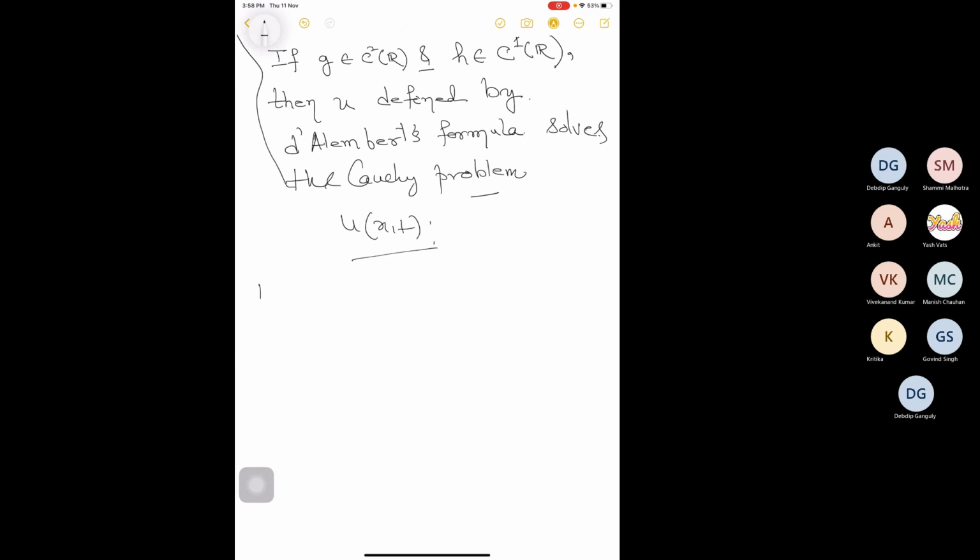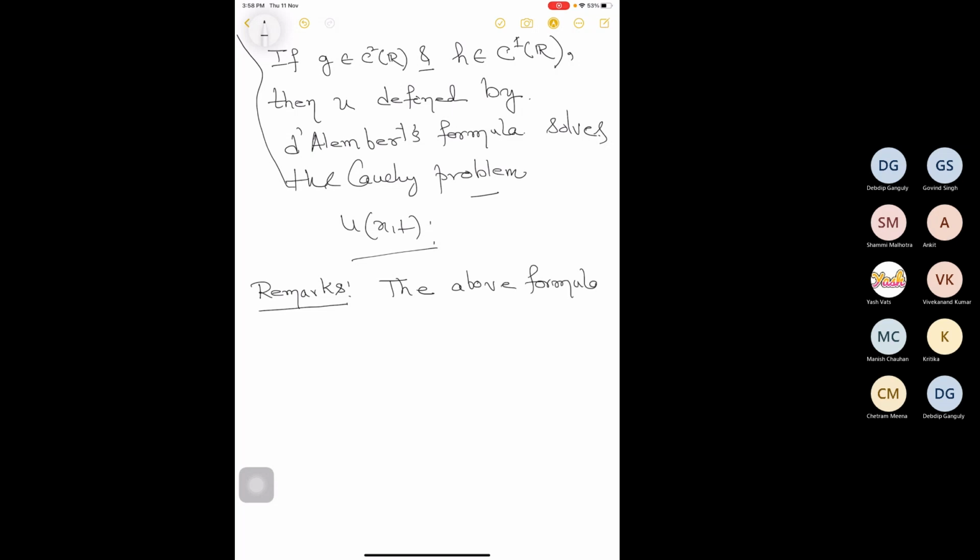Okay. So, interesting remarks. The above formula, the D'Alembert's formula, is of the form F of x plus t plus G of x minus t, right? Is that clear?